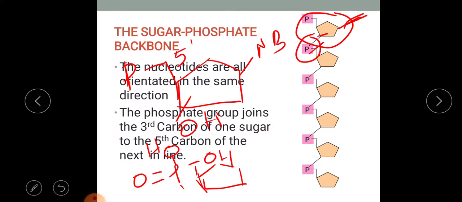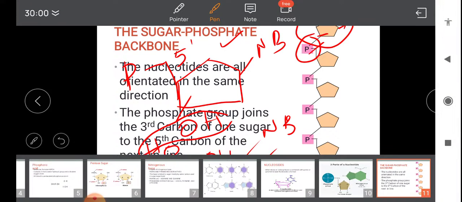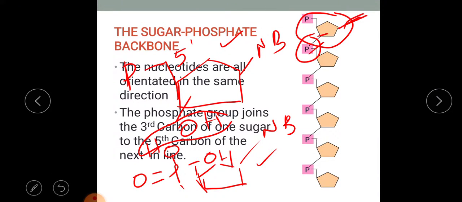So this is one nucleotide, this is another nucleotide. Here also you have a nitrogen base, then only you can call it a nucleotide. So what happened, these two OH groups are condensed and one molecule of water is removed, and between these two nucleotides a linkage is formed.